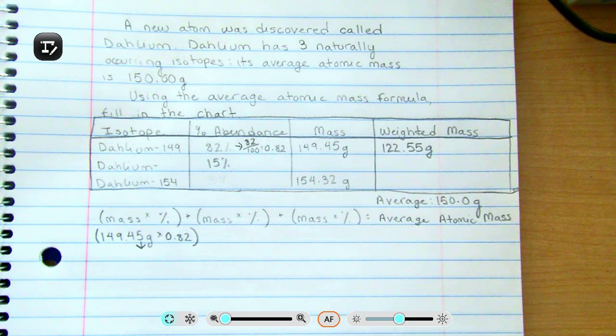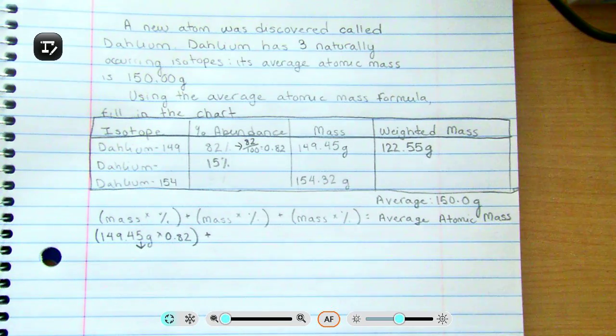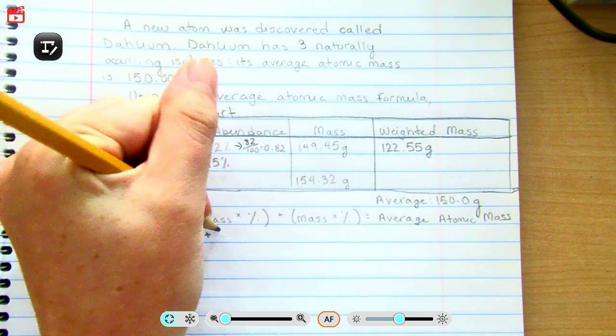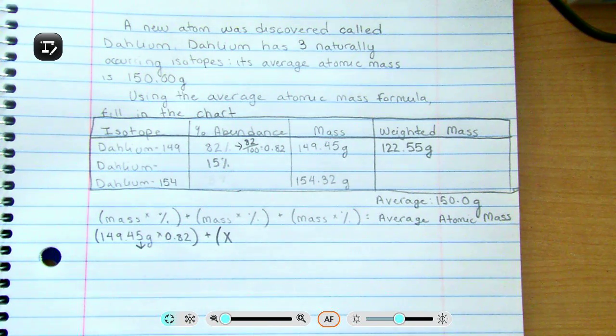All right, next I'm going to put in what we know for dolium with the unknown mass. Our mass is unknown. I'm going to show that with a variable.